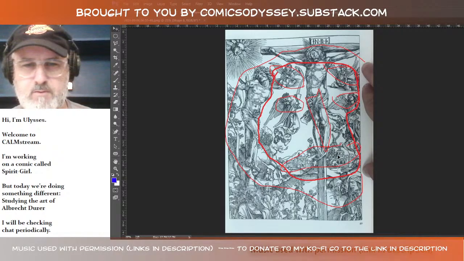Eyes, eyebrows, nose, like a mustache, a mouth, and the beard around.